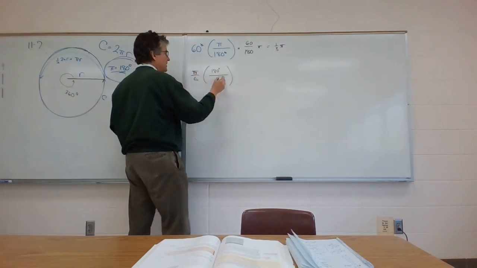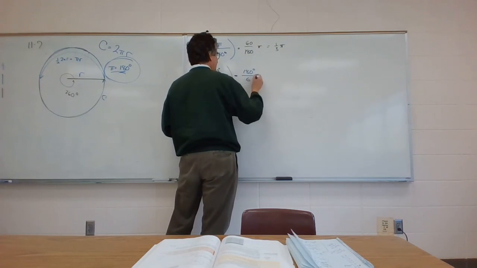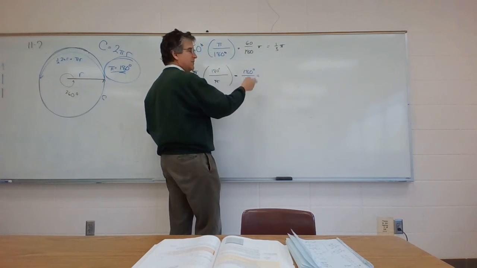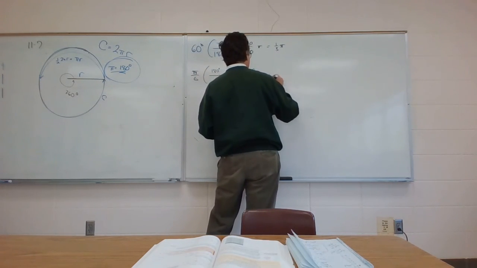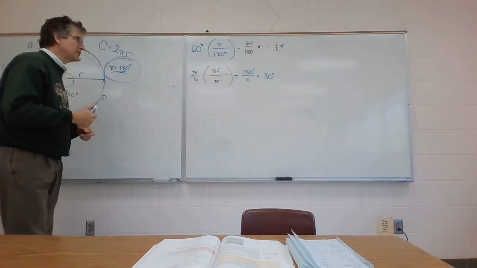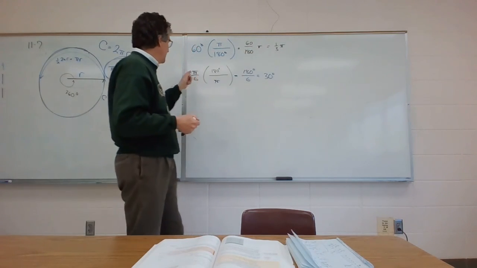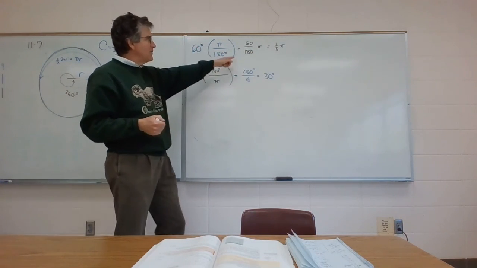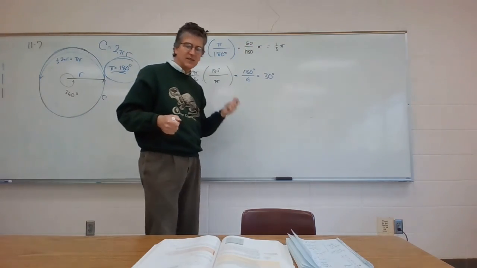Obviously the pi's cancel out, and I end up with 180 degrees divided by 6. Well, 18 over 6 is 3, so this is 30 degrees. That makes sense: 60 degrees is a third of pi, and this is pi over 6, which is half of a third of pi, so the answer should be half of the previous answer, 60.